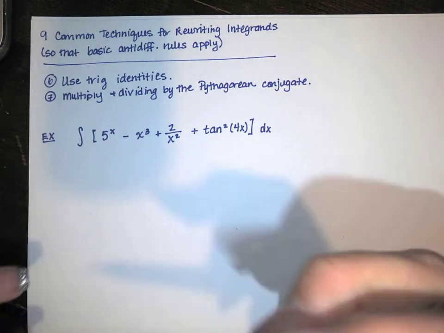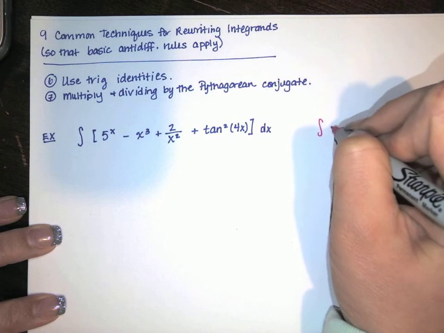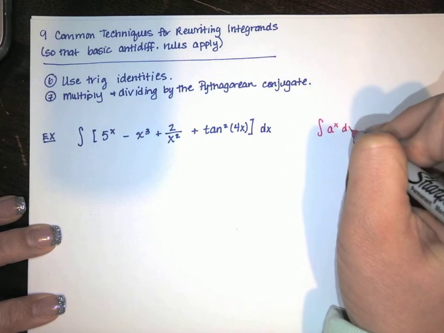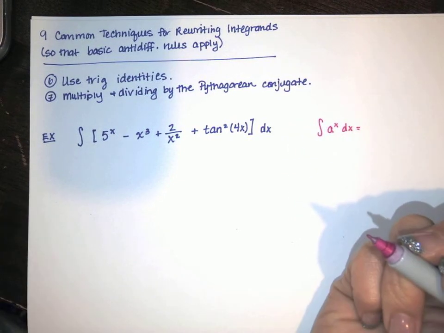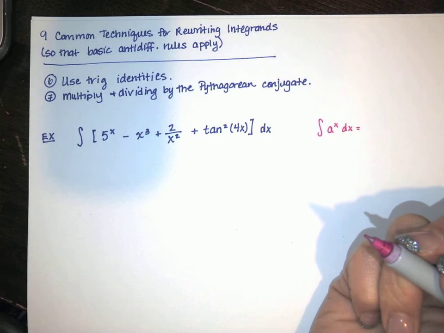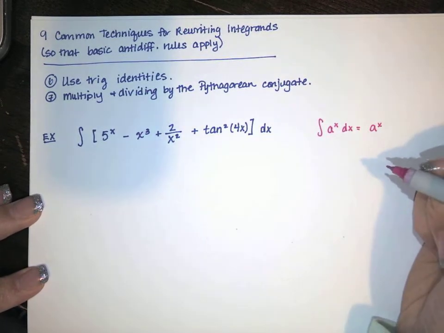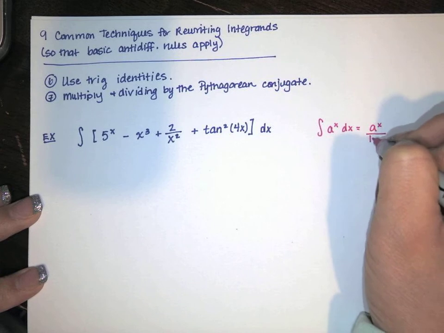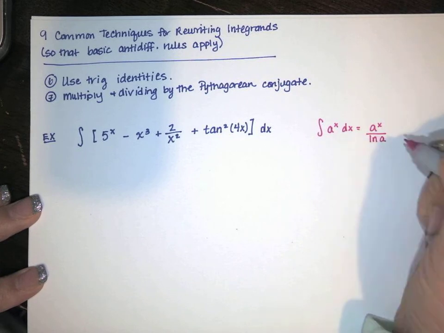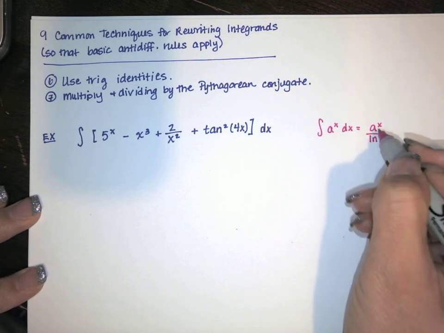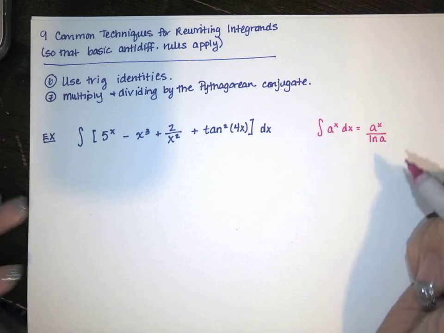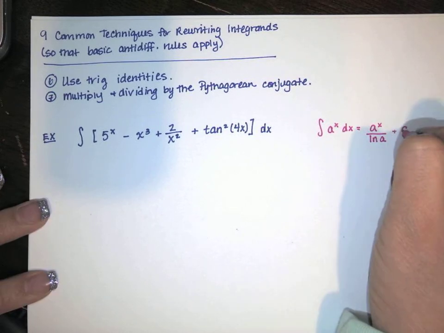Now this one is a basic rule that people often forget. It turns out that if you take the antiderivative of a to the x, that's just an exponential function. It's a different base than the base e. You always get the same exponential function divided by the natural log of the base. So whatever that number is, you're dividing by natural log of that number and then adding c.